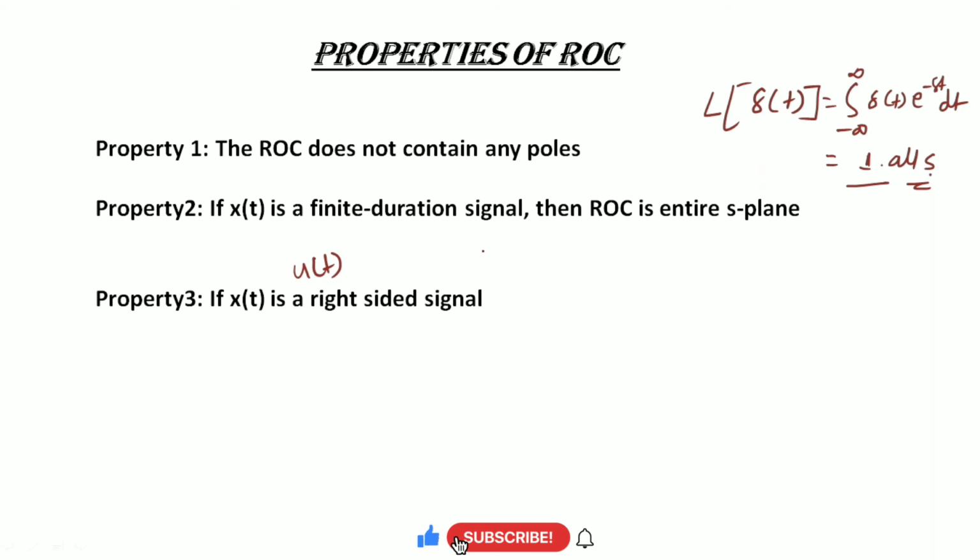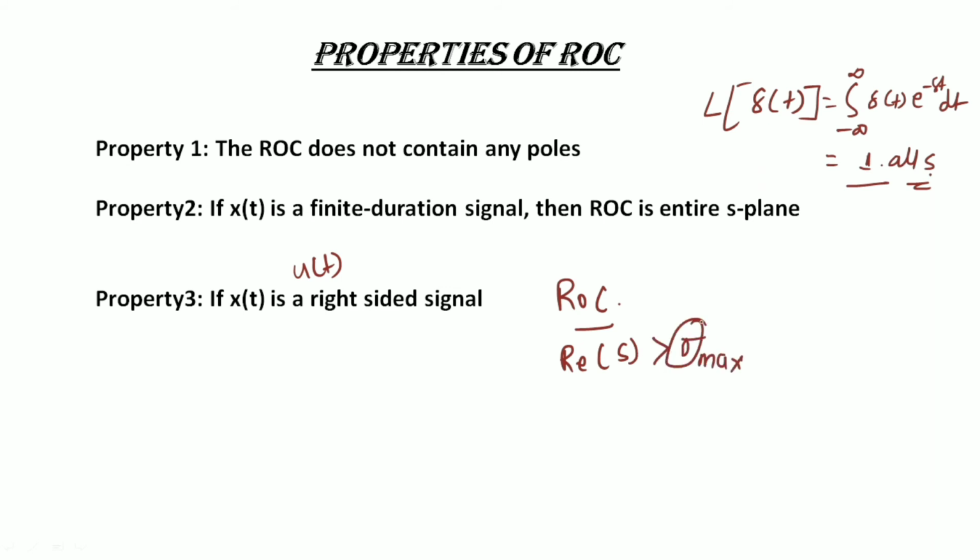Either it will be from 0 to infinity, or 1 to infinity, or 2 to infinity, or 3 to infinity, like that, and the ROC will be what? Phi max. This is the pole, and of the ROCs we find from each signal, the maximum value will be included in a right sided signal.